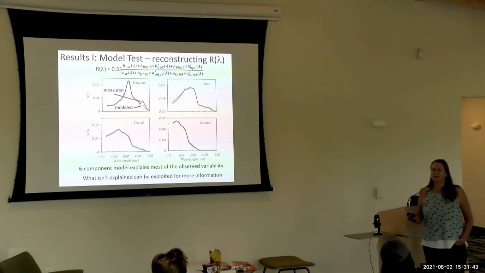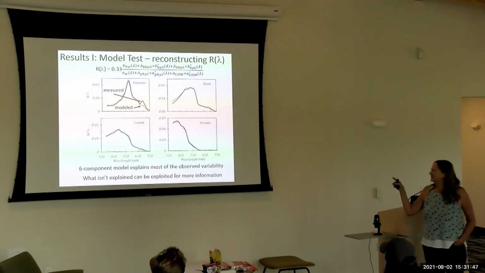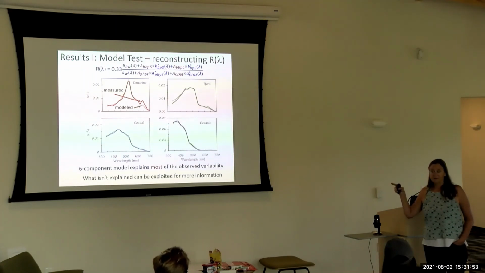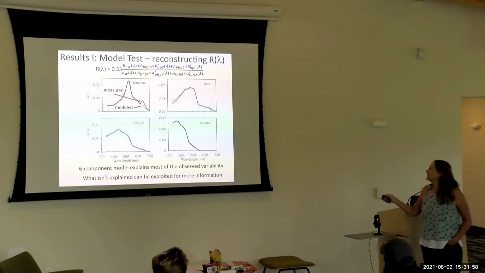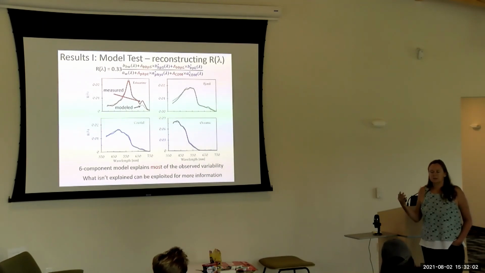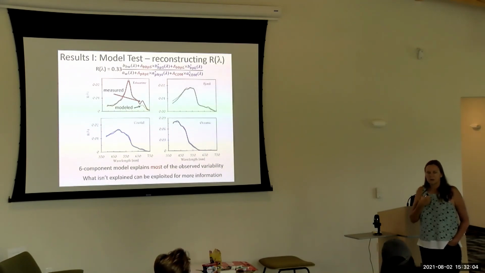But it's surprising that just generic spectra can be convolved into this much variability. Which says that now that you can do better on basic vectors, you can do so much better. You can exploit all of these little differences here with different phytoplankton absorption options.